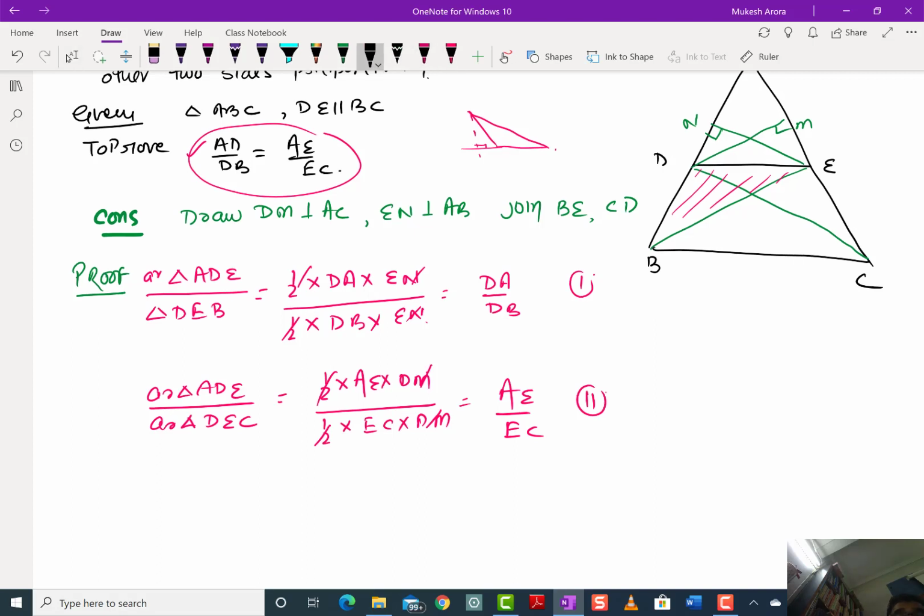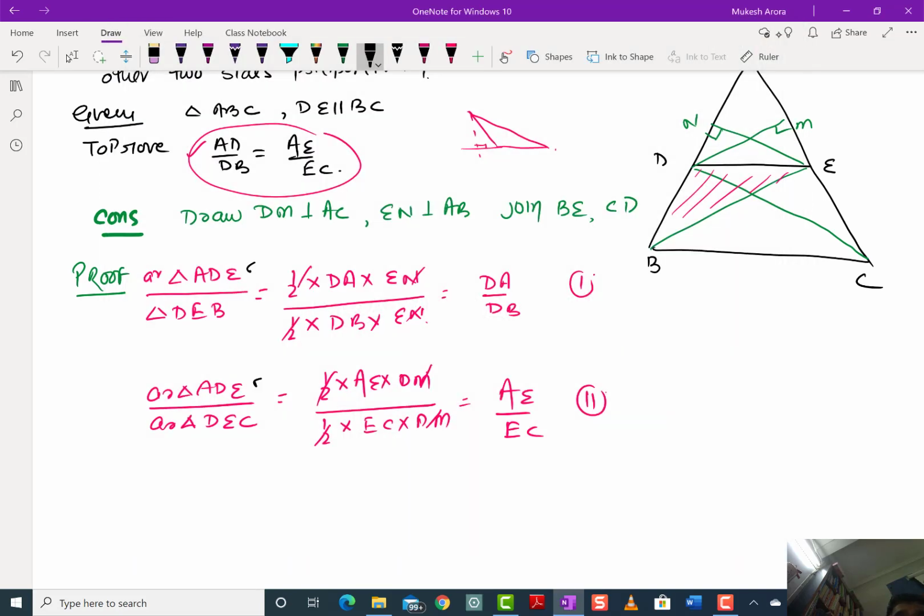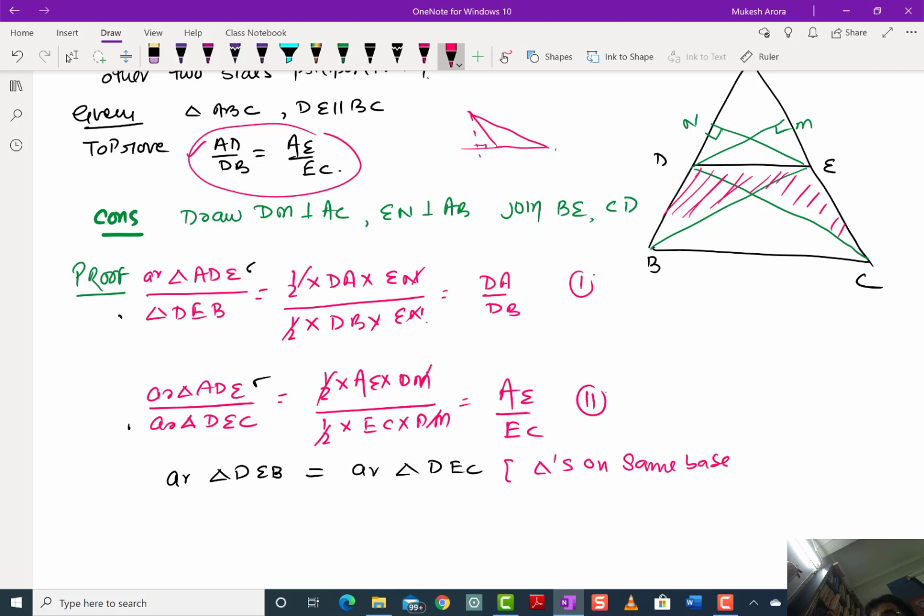Now if you see carefully, these two triangles are equal, so we have to make these two equal. So we will write area of triangle DEB is equal to area of triangle DEC, because triangles on the same base and between the same parallel lines.